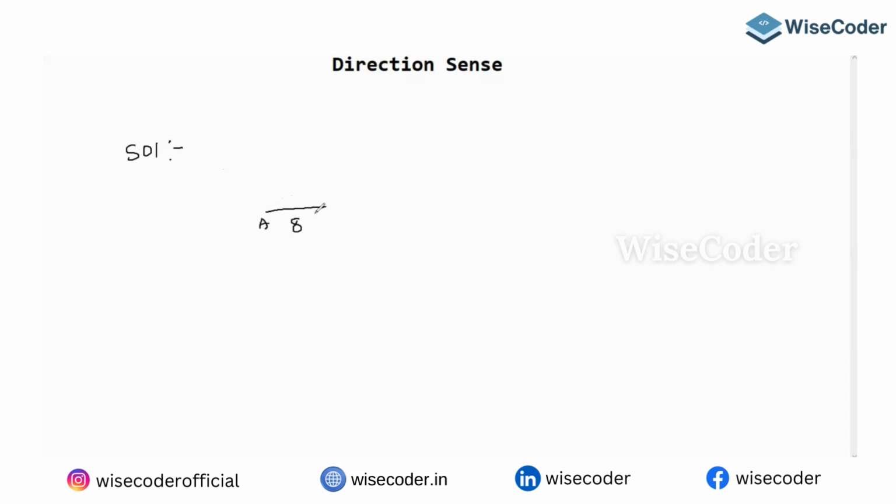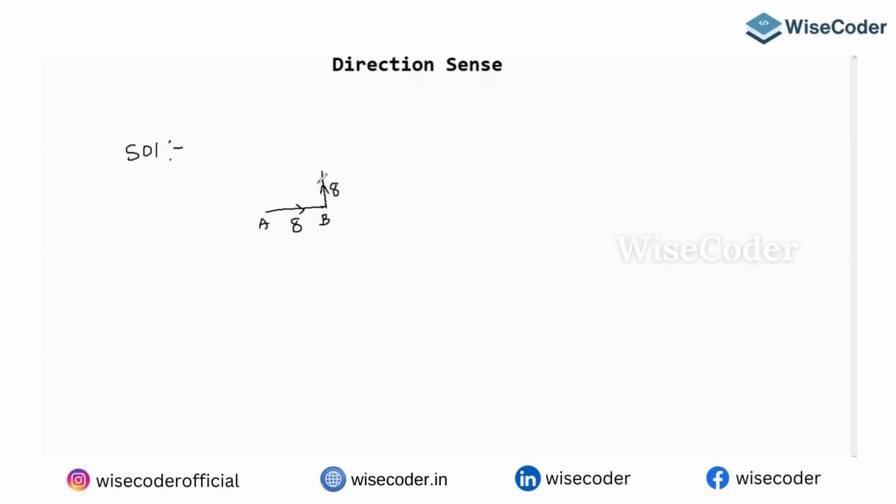Let me assume this is the first point, A. So 8 kilometers towards east. Then he travels 8 kilometers towards north. From this position north is upwards, so again 8 kilometers towards north.